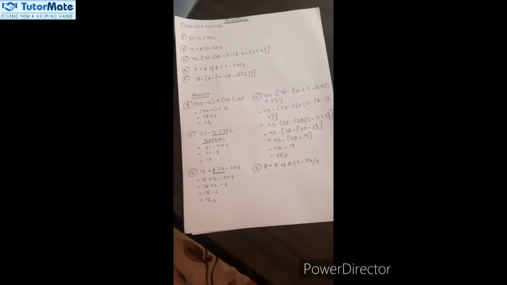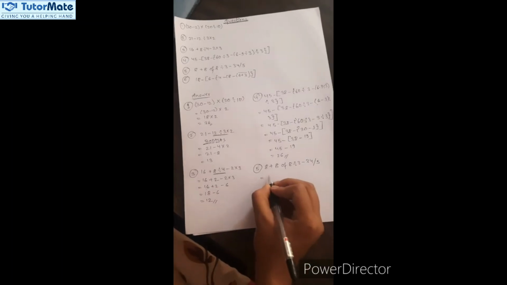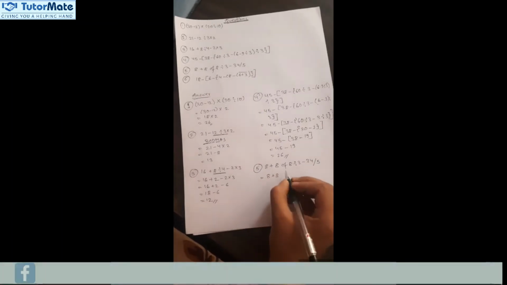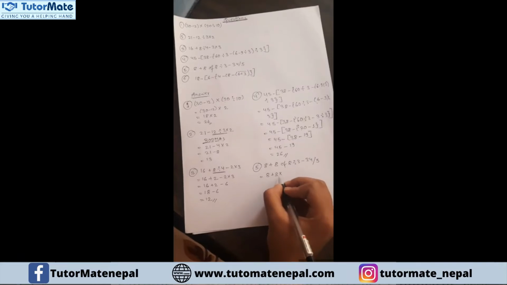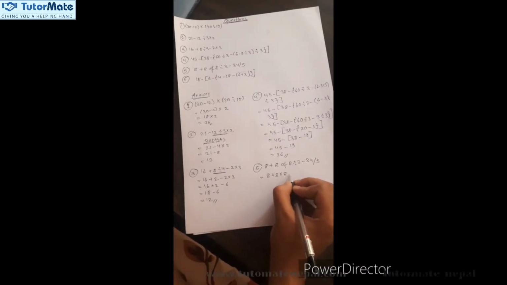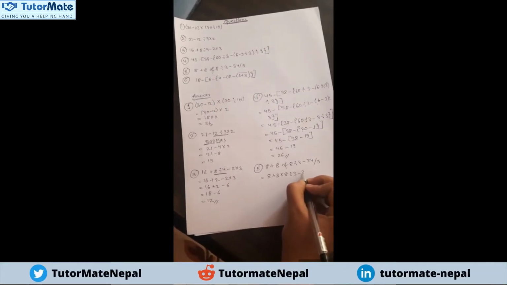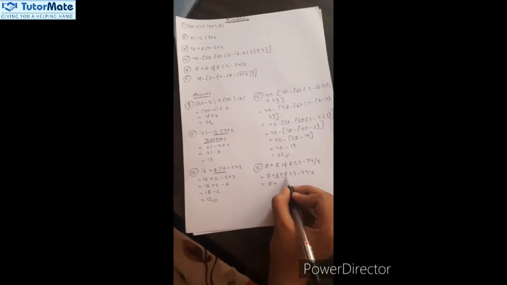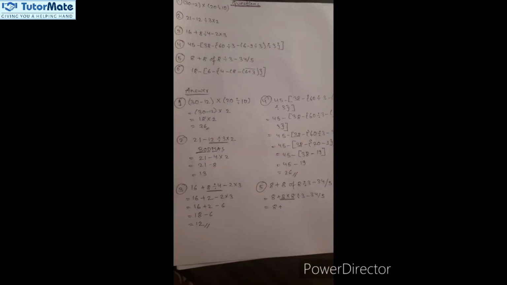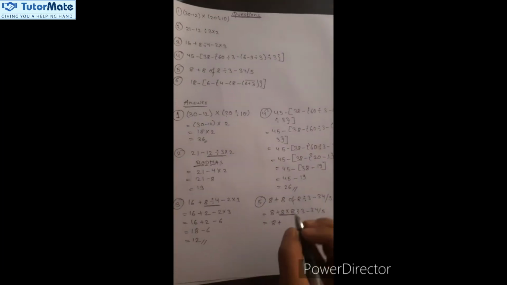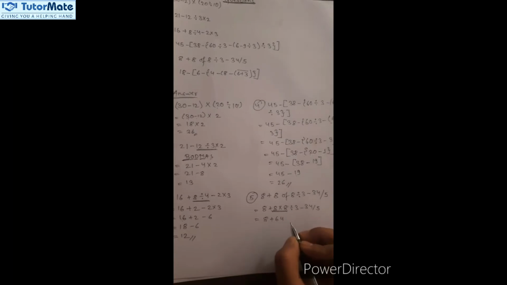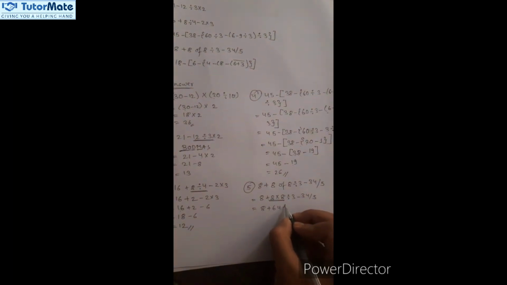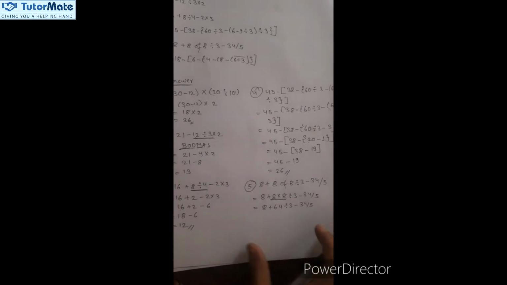So the first step is to solve the 'of'. 8 plus 8 of 8, 'of' means multiplication. Let's give the sign: 8 plus 8 into 8 divided by 3 minus 34 divided by 5. So solving this, 8 eights are 64, divided by 3 minus 34 by 5.